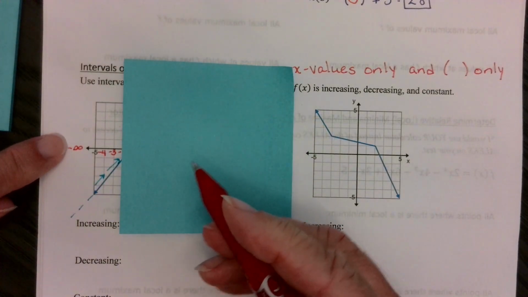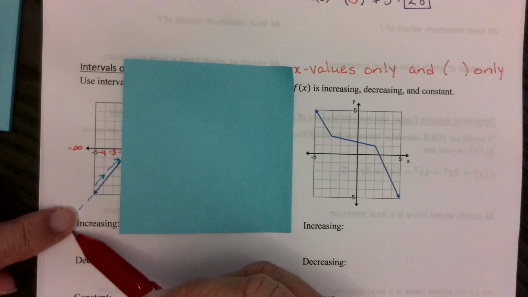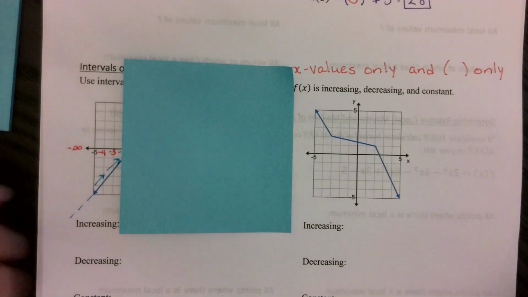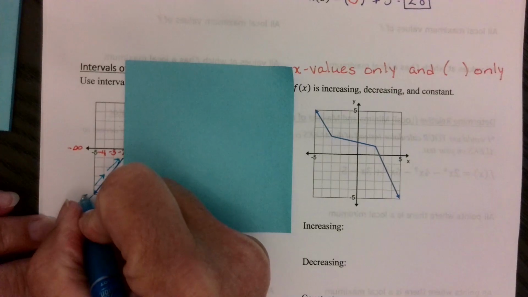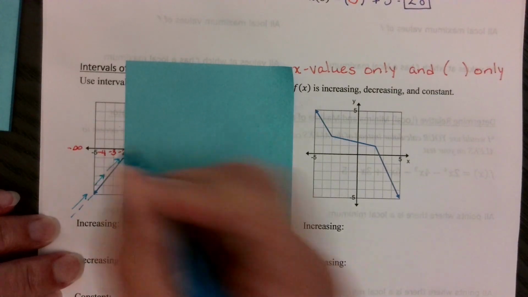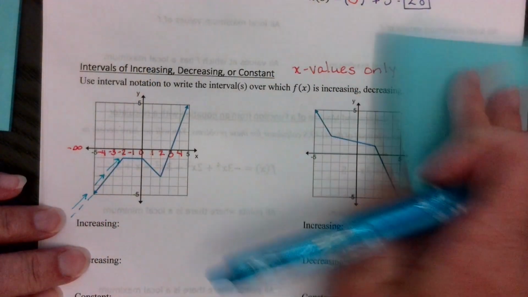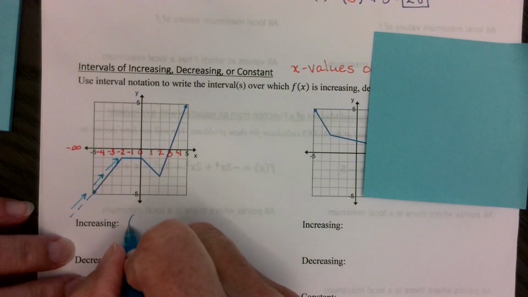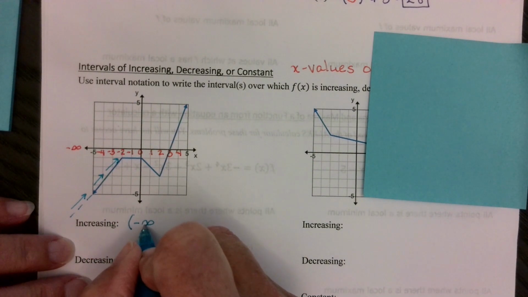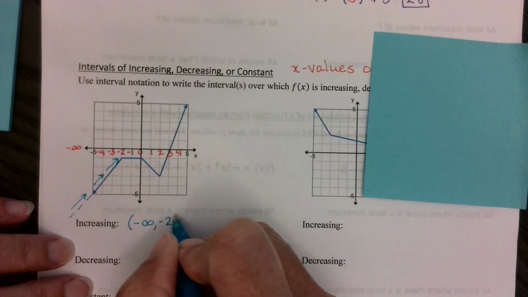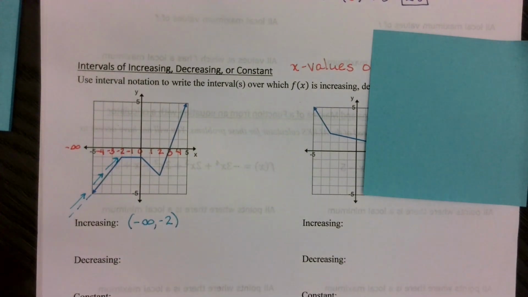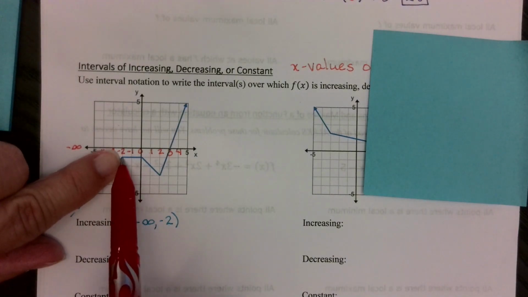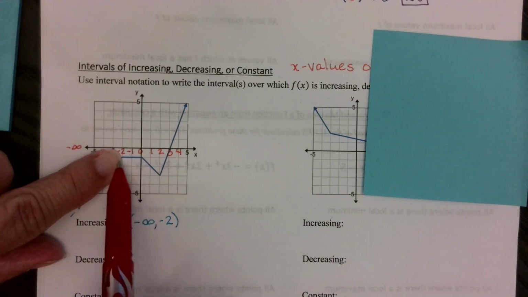So from negative infinity to -2, it increases. So parentheses, negative infinity to -2, and we're going to do parentheses, because at that point it's not increasing nor is it staying constant.